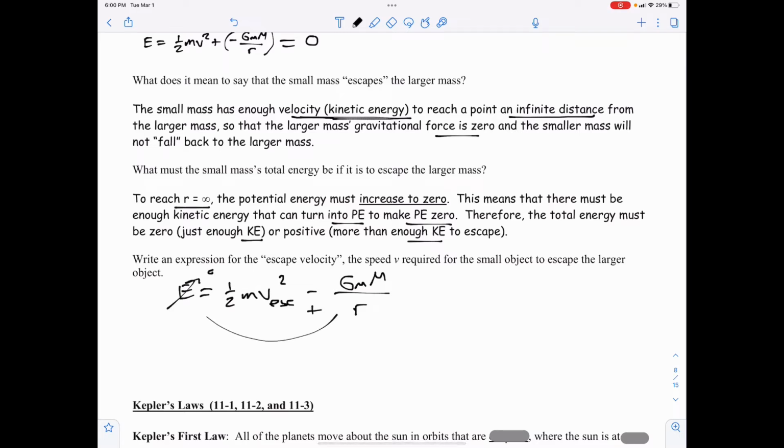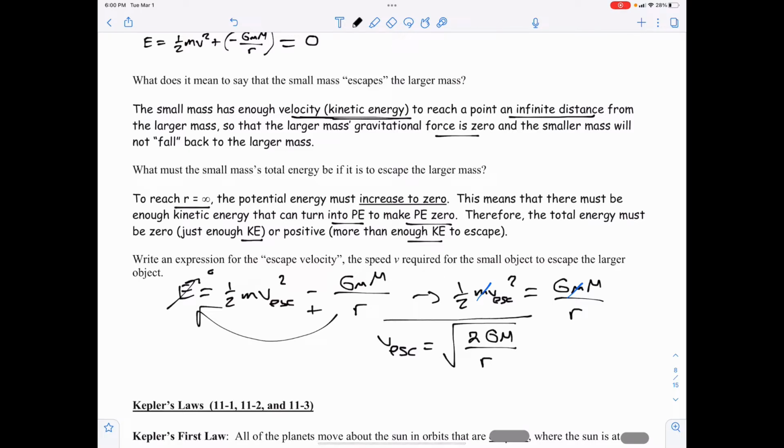I'm going to add this over to the other side, and we get 1/2 m v escape squared equals G little m big M over r. And then just go ahead and solve the equation for v escape. And we get an expression: the escape velocity is equal to the square root of 2 times G times the mass of the planet divided by the radius of that planet.